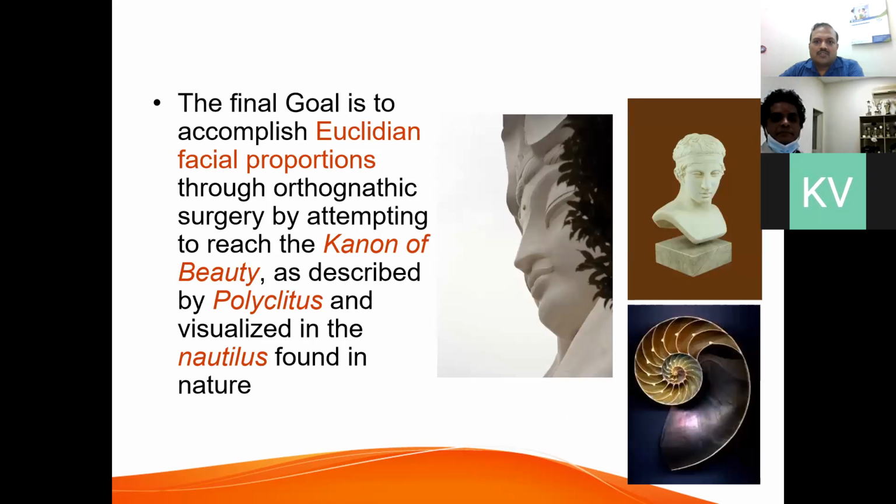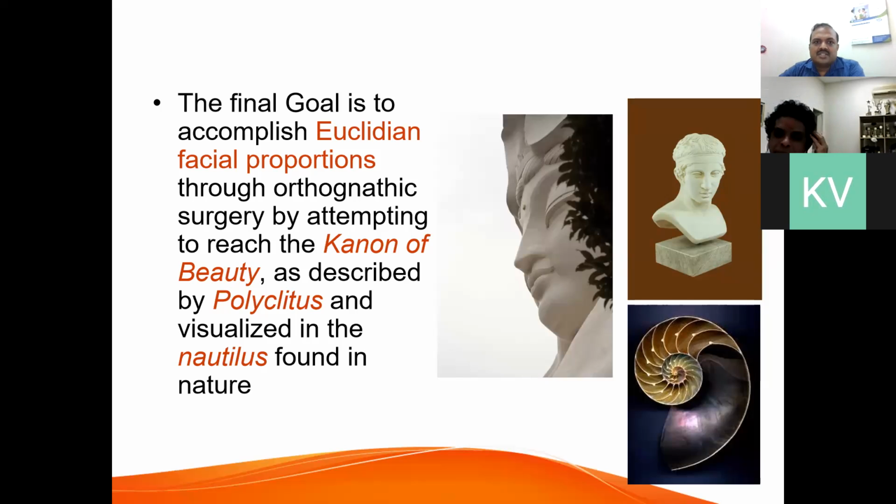The ultimate goal of any orthodontic or aesthetic surgeon is to achieve the golden ratio according to Euclidean facial proportions through orthognathic surgery, to reach the canon of beauty, the ideal facial proportions described by the Greek sculptor Polykleitos. This is depicted in nature in a mollusk called the Nautilus, a marine organism whose shell has ideal golden proportions.